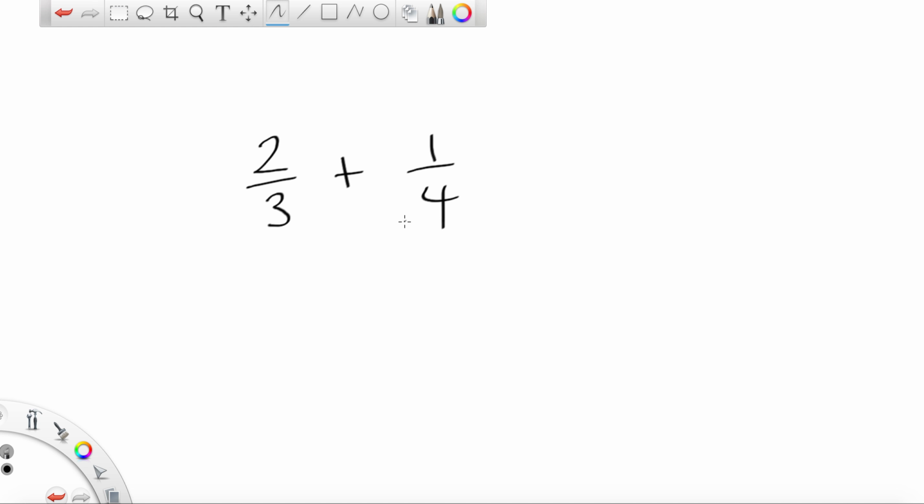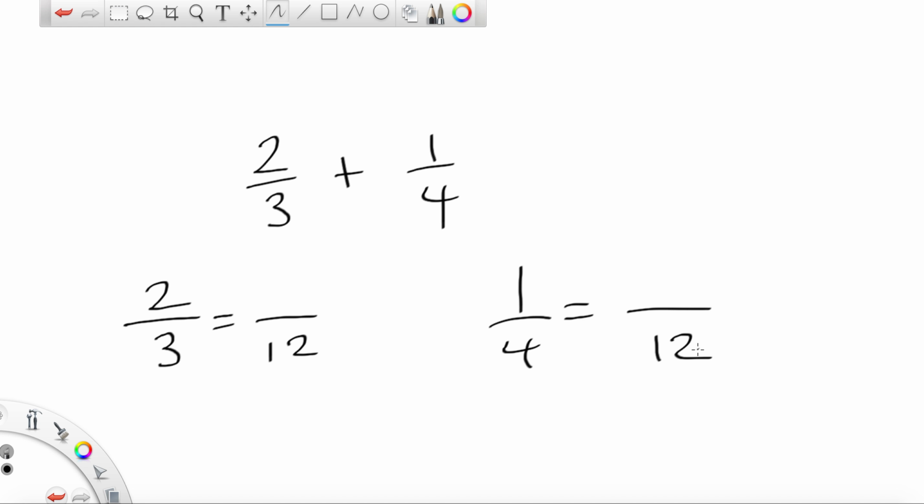We need it to be a 12. So this 2/3 here, we want it to be something over 12. And we want this quarter to be also something out of 12. So what could we do?